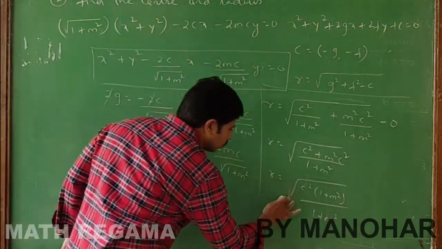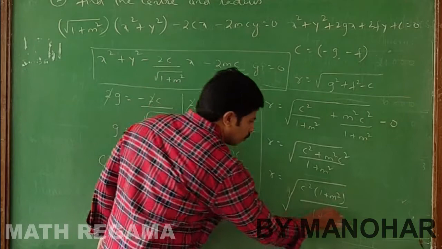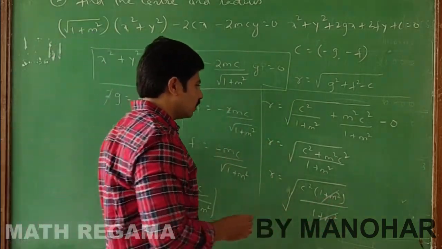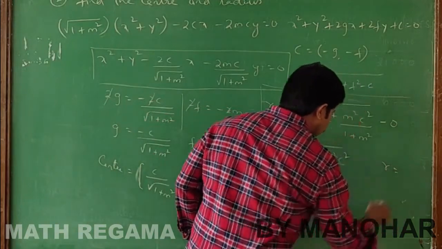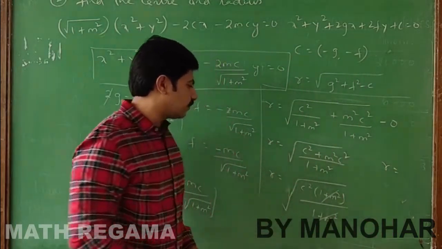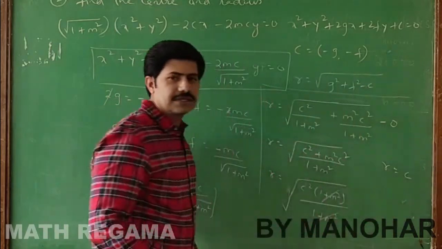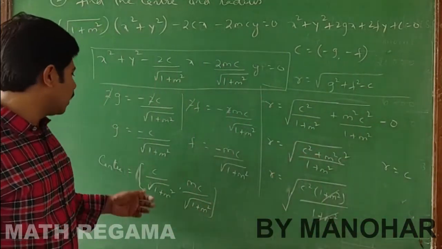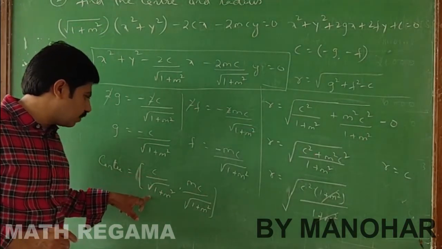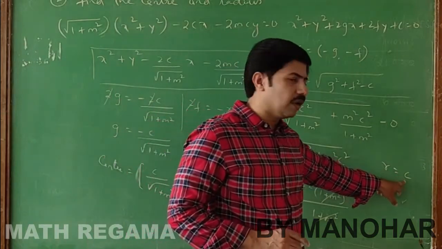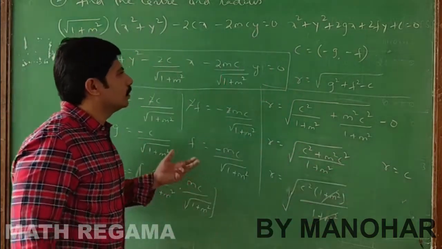Now 1 plus m square, 1 plus m square cancels. So what do we have? r is equal to under root of c square left out. What is under root of c square? It is c. The r value is c. So what is the center? c by under root of 1 plus m square comma mc by under root of 1 plus m square. And the radius is r equal to c. Okay, so this is also completed.